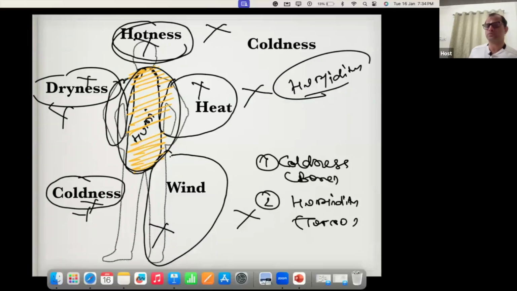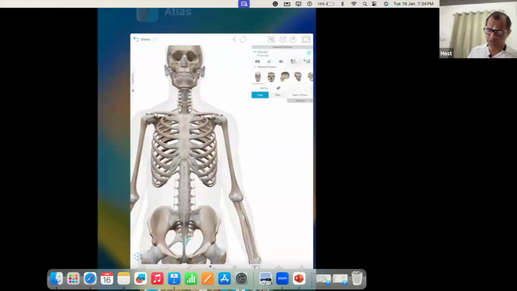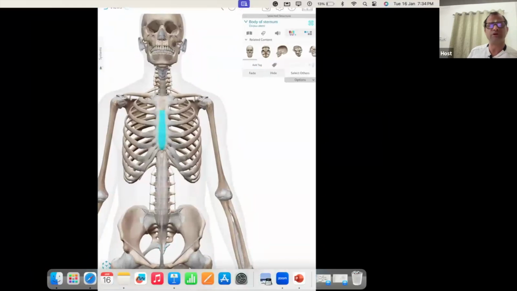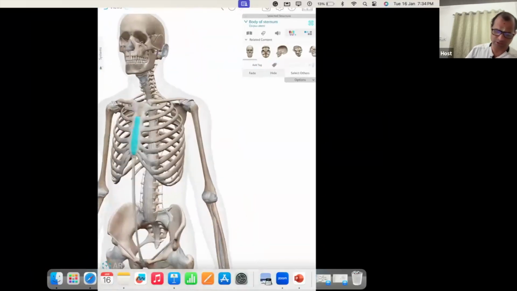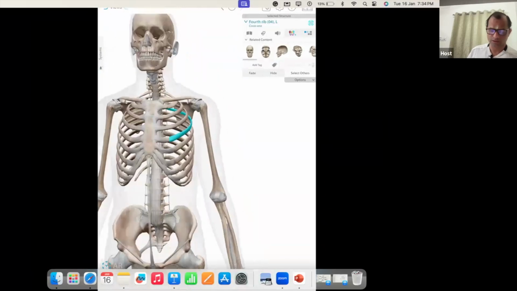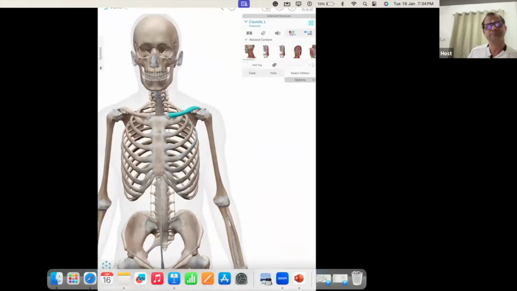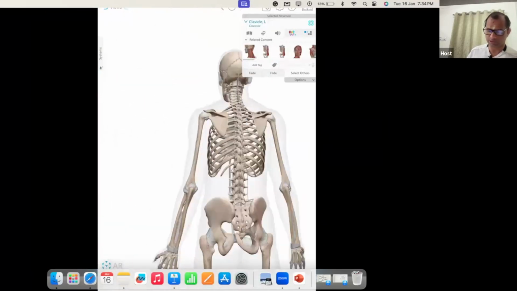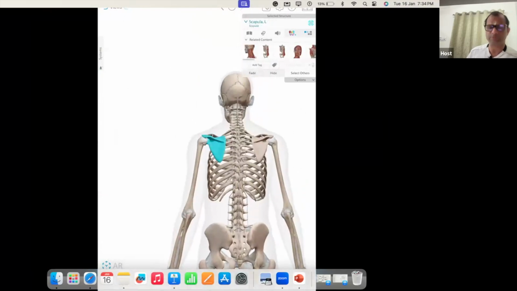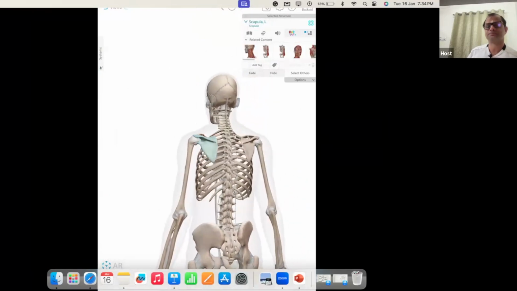But in the torso also we have too many bones. हमारे torso में भी तो कितनी सारी bones हैं. Look at here. We are having a sternum bone in the front part. We are having ribs laterally. We are having collarbone. Okay, we also have ribs posteriorly. We have scapula bone. In this torso parts also we are having too many bones, but our focus is spine.